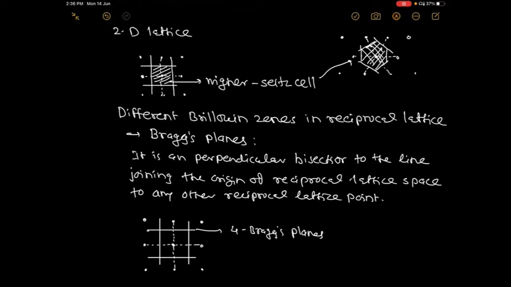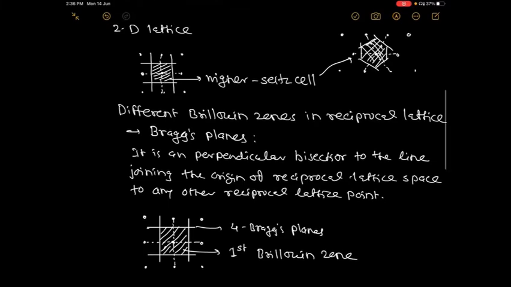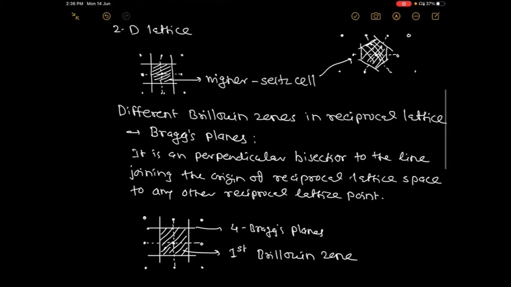These Bragg's planes enclose the innermost region. That region is nothing but the first Brillouin zone. Hence, how do we define the first Brillouin zone?